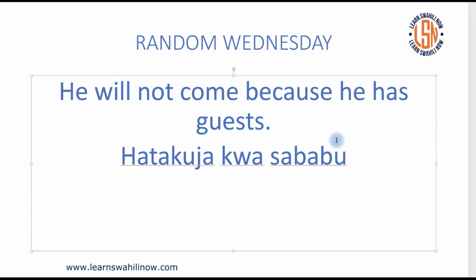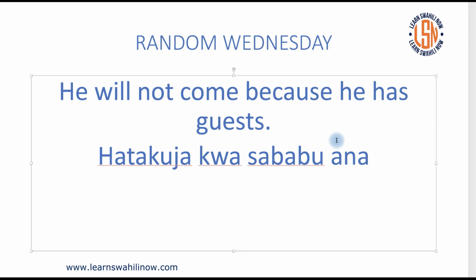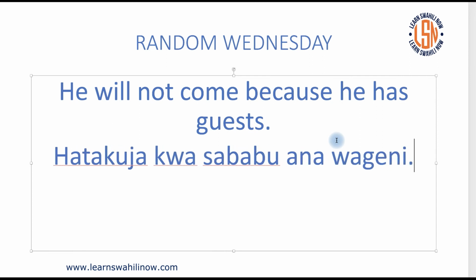The subject prefix for he or she is a, and then we said to show possession, we simply add na. What's the word for guests? Wageni. Okay, so he will not come because he has guests. Hatakuja kwa sababu ana wageni.